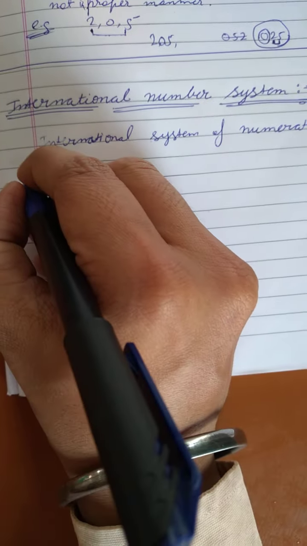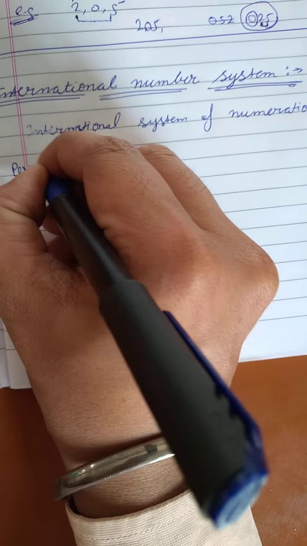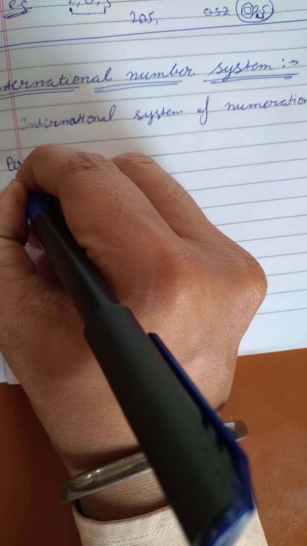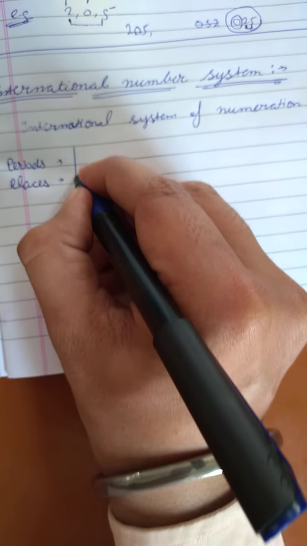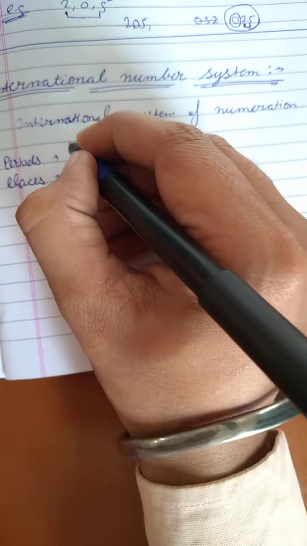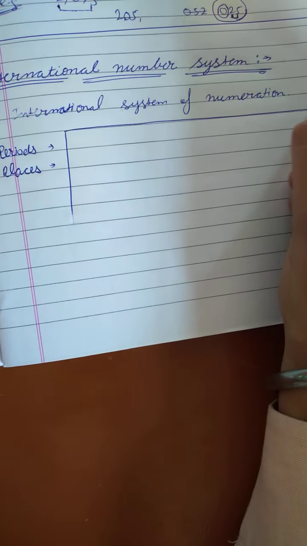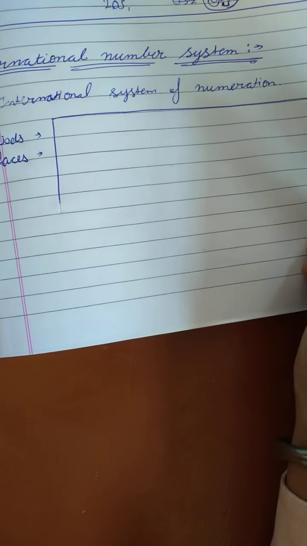So in this number system we also have some periods and the places corresponding to the periods. So firstly we discuss the periods, then the places.